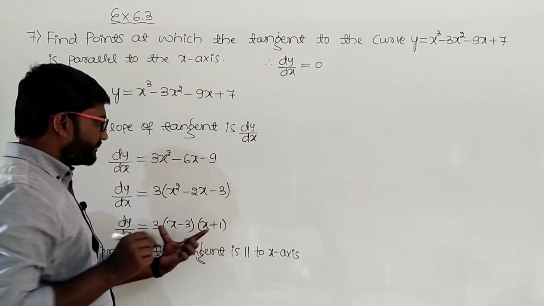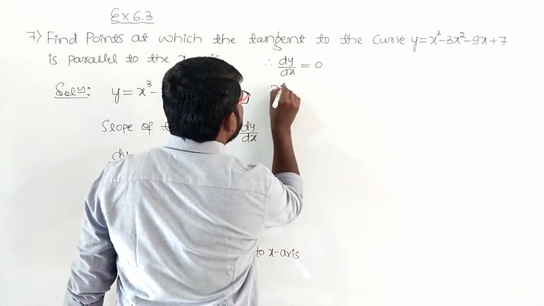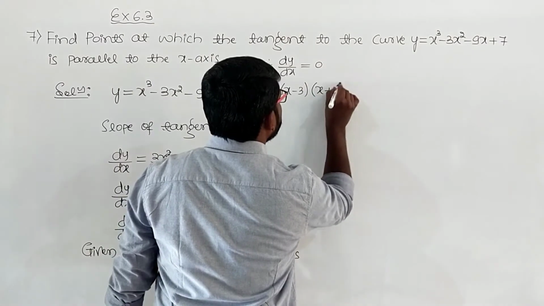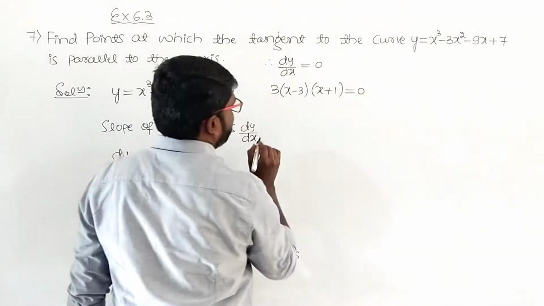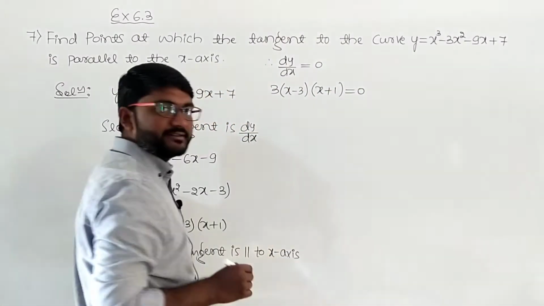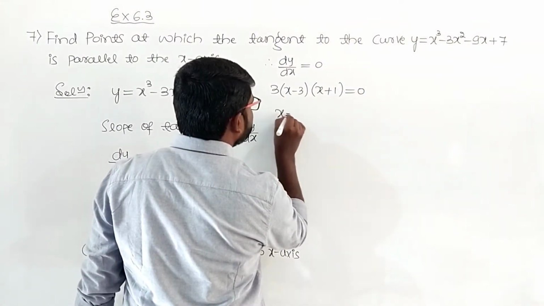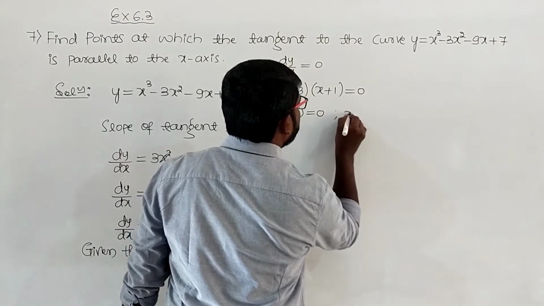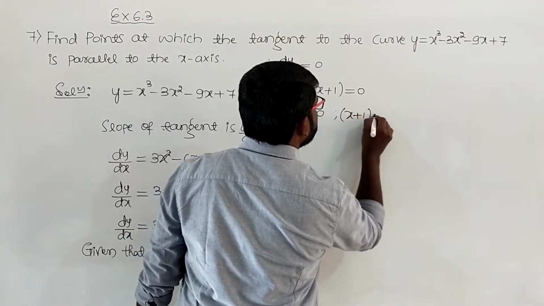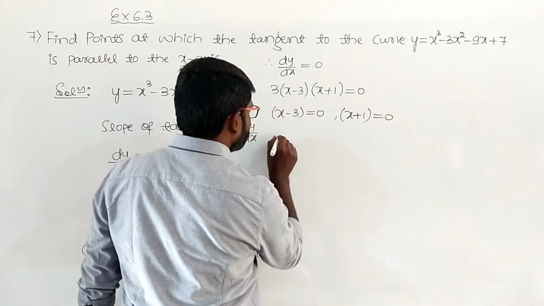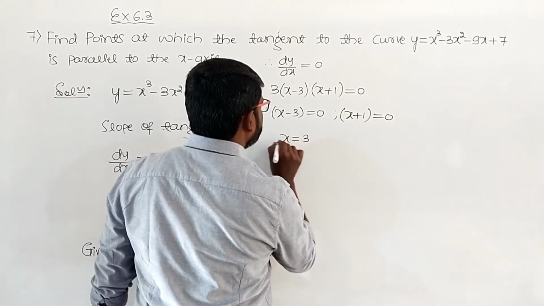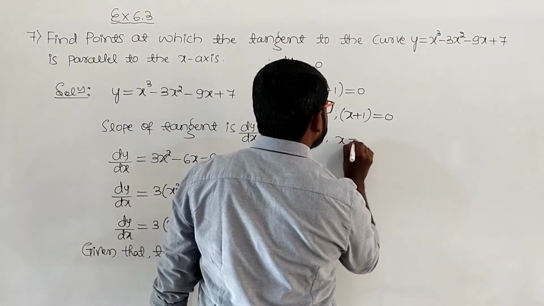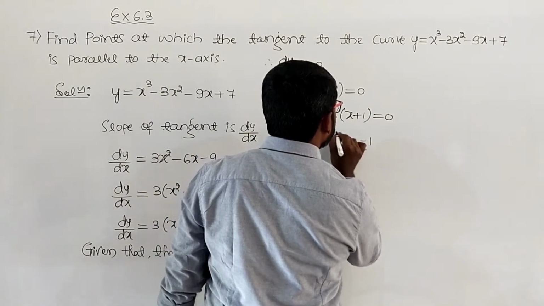So equate this with 0 now. 3 into x minus 3 into x plus 1 equals 0. Then take 3 to the RHS, it becomes 0. Overall you get x minus 3 equals 0, and x plus 1 equals 0. So from this you get x equal to 3, and from this you get x equal to minus 1.